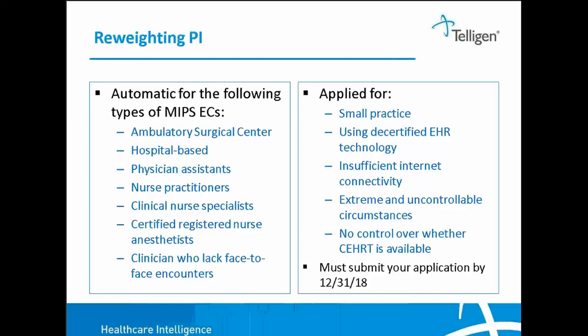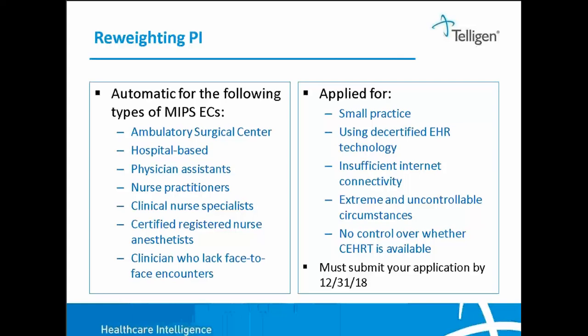If you're using decertified EHR technology, if you have insufficient internet connectivity, or if there are some extreme and uncontrollable circumstances that have happened with your eligible clinician or your organization, so you have no control over whether the CEHRT is available. You must submit your application by 12/31/18 for CMS.